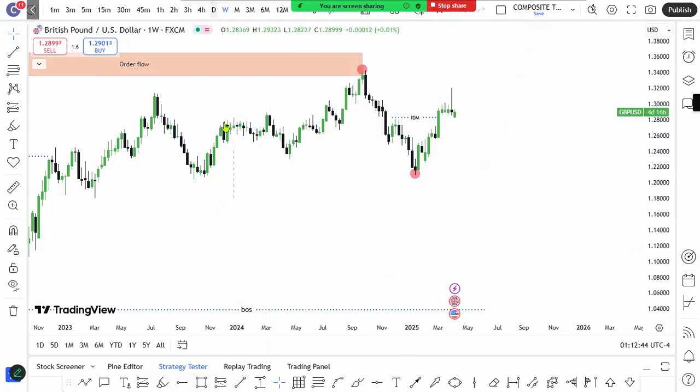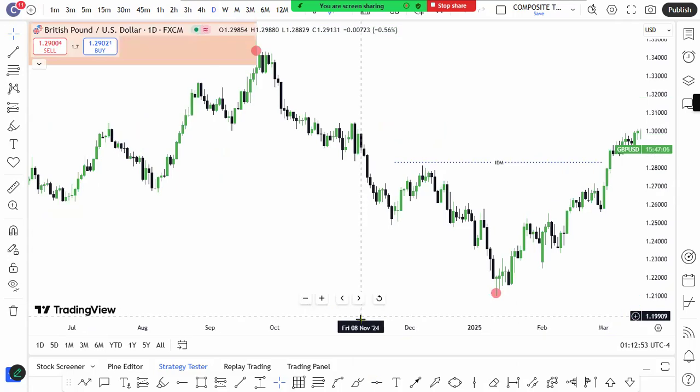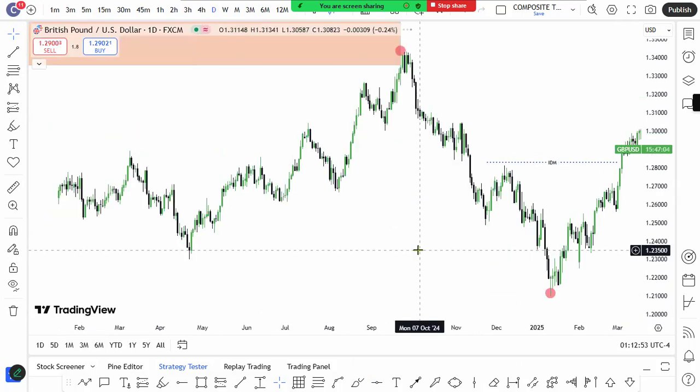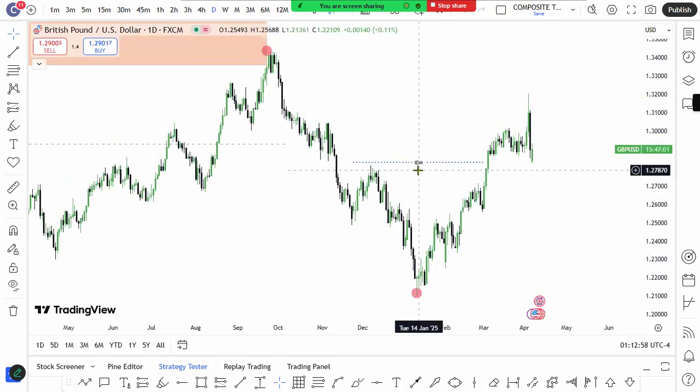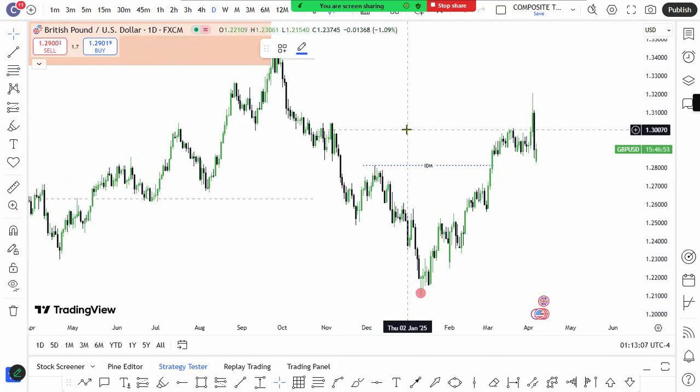Going to the daily time frame, you can see that major weekly inducement, that on a lower time frame can look like a change of character, but it's not.